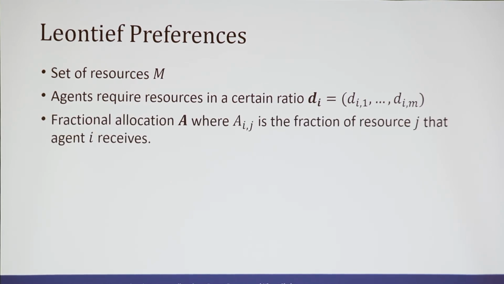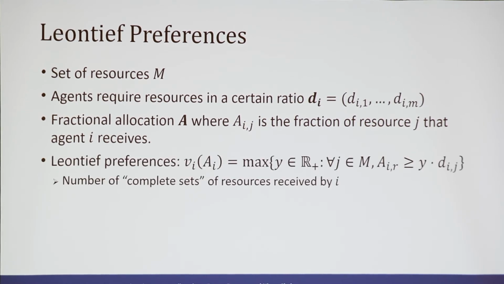Allocations here are going to be fractional. So a_ij is going to denote the fraction of resource j that agent i receives. Leontief preferences are essentially the number of complete sets of resources that i receives. So here's the formal definition. It's the maximum possible y such that the allocation for every resource is greater than or equal to y times the demand.